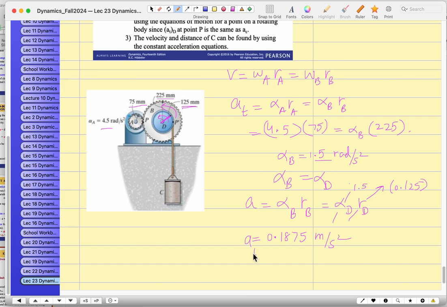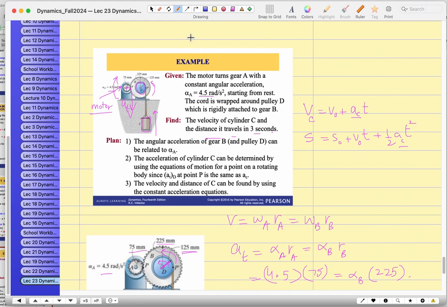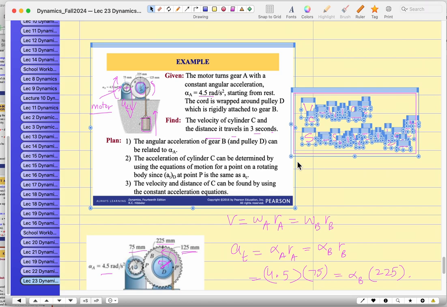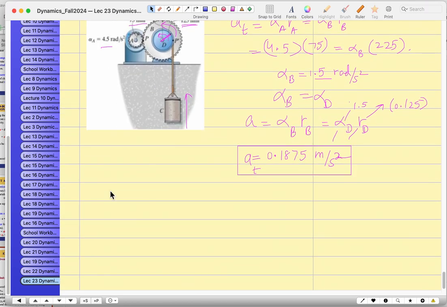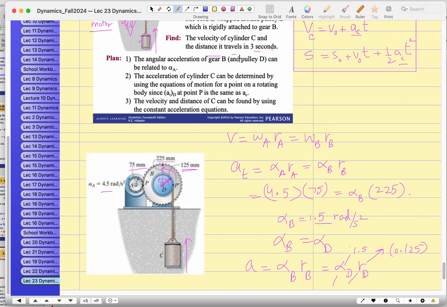So this is the acceleration of this block C. This acceleration is needed to complete these two equations. So let's apply this acceleration value here and find the velocity after 3 seconds.